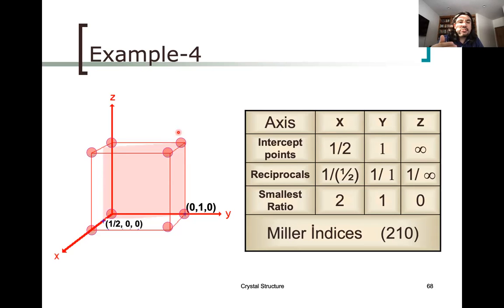Okay, that's possible, right? And then there's going to be another one that is going to pass parallel to this one that is highlighted, that is going to pass through 1, 0, 0. And then in this direction, it's going to pass through where? At what point here in this line does it pass through, right? 1/2, 1, 0.